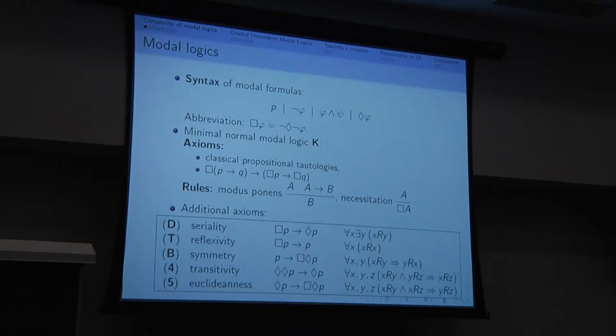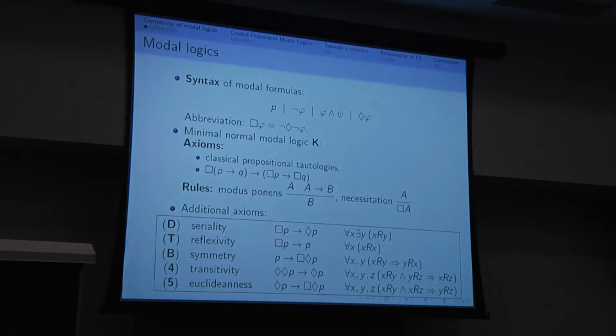And there is a bunch of other model logics, which are typically considered in model logic textbooks. We can add to this minimal system the axioms of reflexivity, symmetry, seriality, transitivity, Euclideanness. Don't bother what these terms mean.